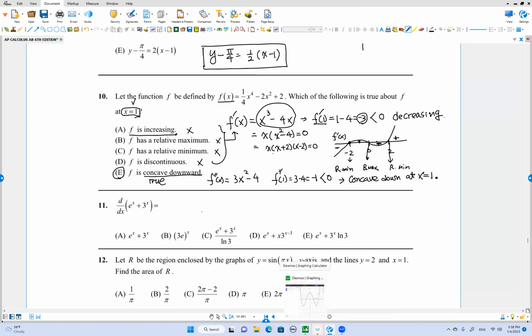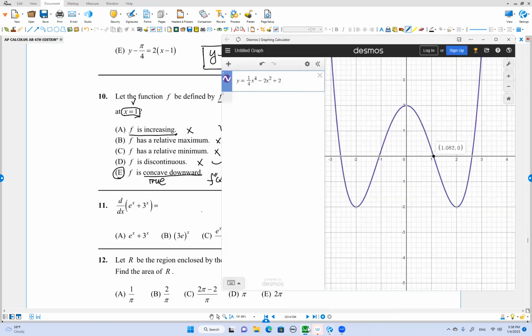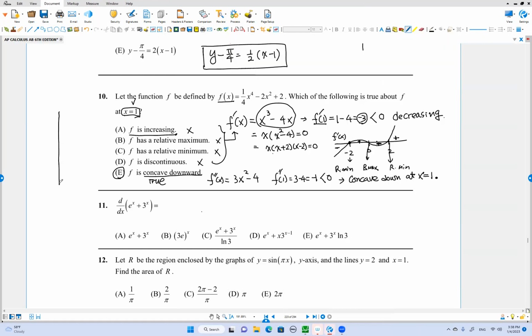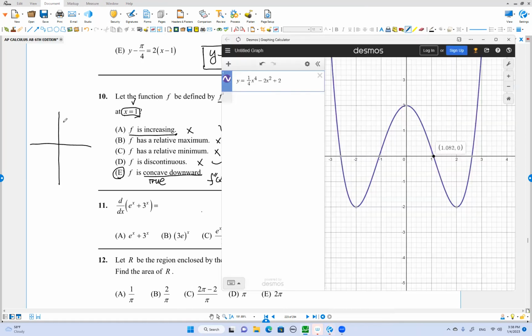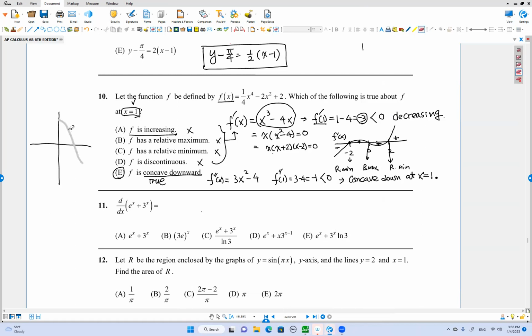So to make it 0 over here, this graph looks like this one.